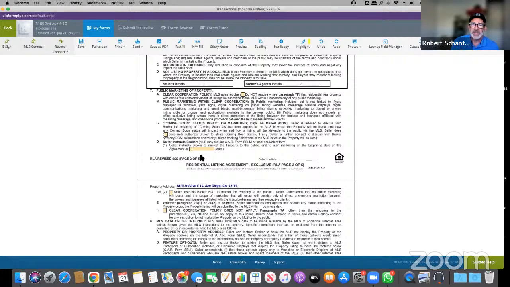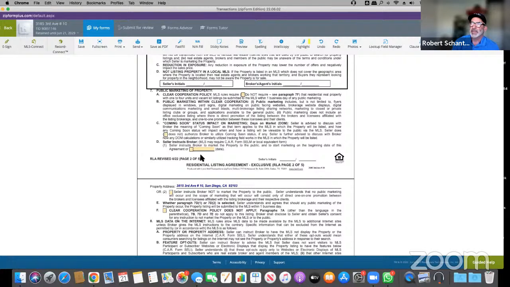Now, I won't go through this form, but there's another form that the MLS put together that explains the clear cooperation in layman's terms. And then item C talks about coming soon status and how you navigate through it. This section basically says, hey, you're authorizing us to be able to use the coming soon status because it's kind of pre-marketing.